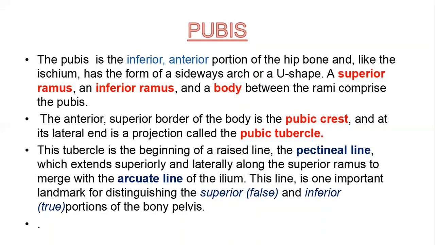And of course, we have the description right here, which extends superiorly and laterally along the superior ramus to merge with the arcuate line of the ilium right here. Thank you, because it's already pointed out. This line is one important landmark for distinguishing the superior, which is the false, and the inferior, which is the true, portions of the bony pelvis.